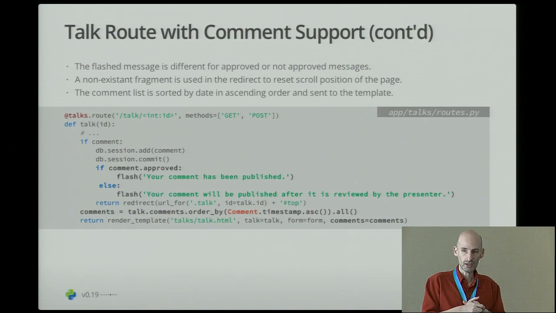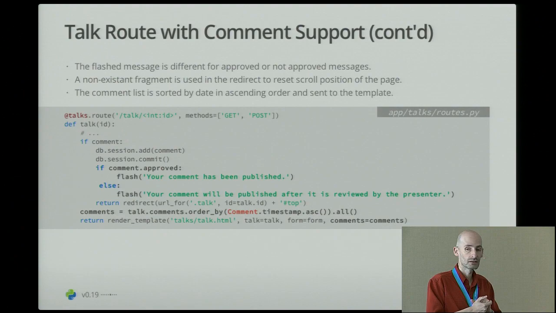But this route, which is the talk route, also needs to show all the comments at the bottom. That's missing. So before I go render the template, I need to get my comments, the comment list to show. And for that, I need to run a query. And I use one of the relationships that I built, talk.comments.